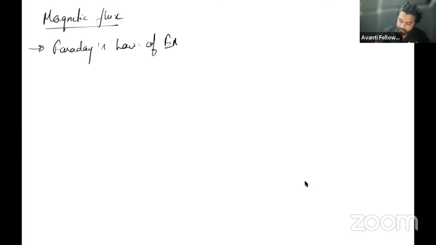You have studied something about flux, I hope. And after magnetic flux we will be studying Faraday's laws, Faraday's law of electromagnetic induction. Then we will be studying Lenz law.